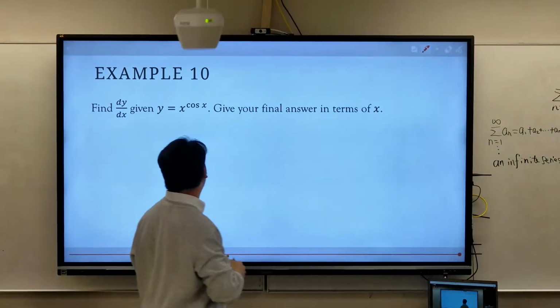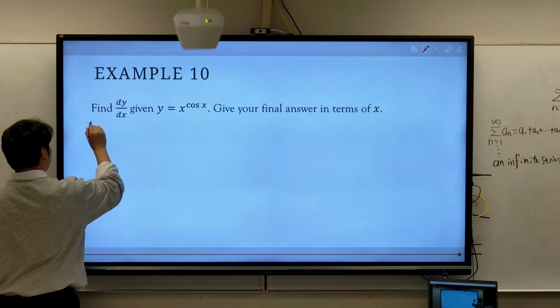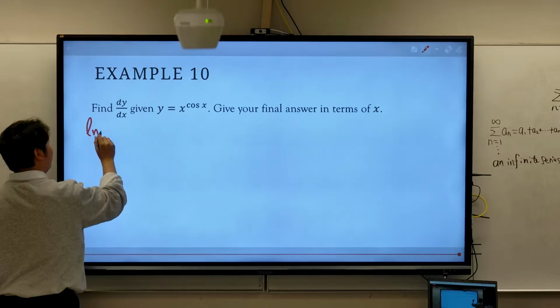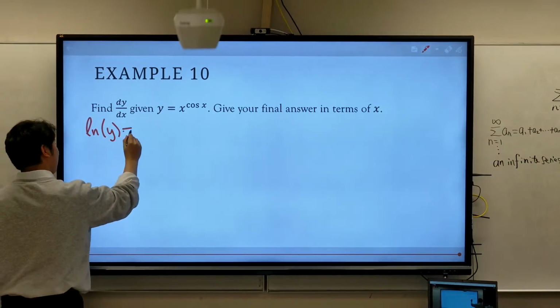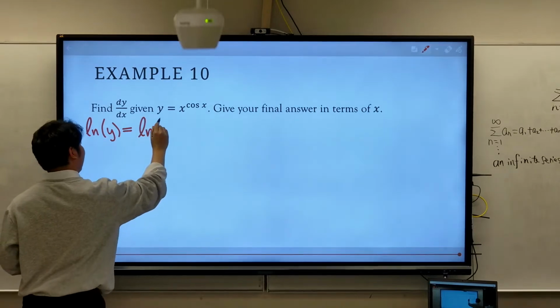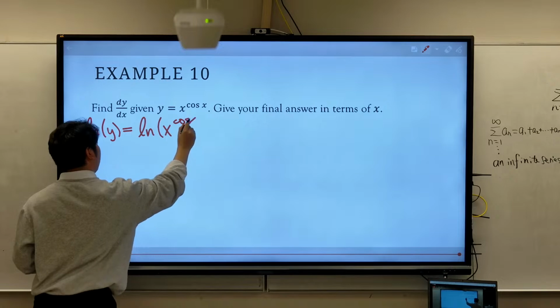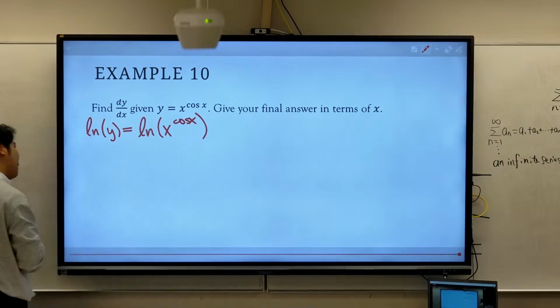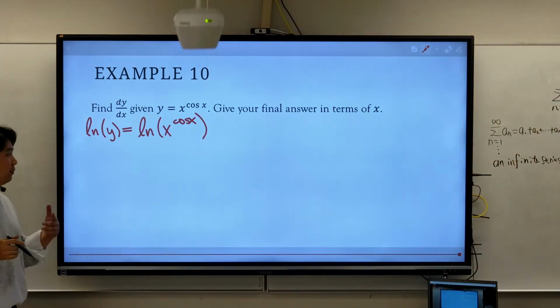All right, so once again, I'm going to go ahead and start by taking the natural log of the left and the right, just like before. And I'm going to see if I can fit all this on 1. So natural log of y is equal to the natural log of x to the cosine of x power. What property of logarithms can I apply here?